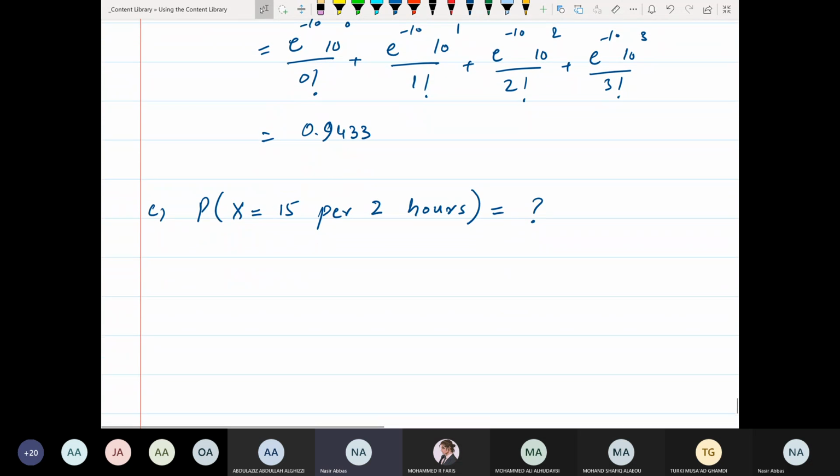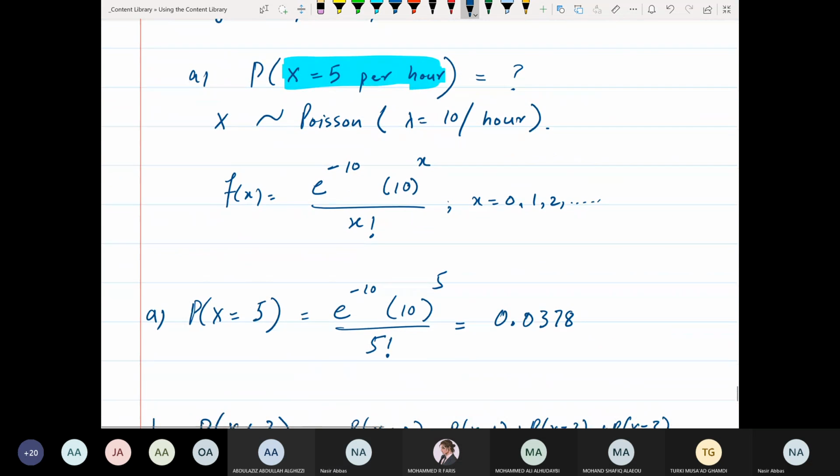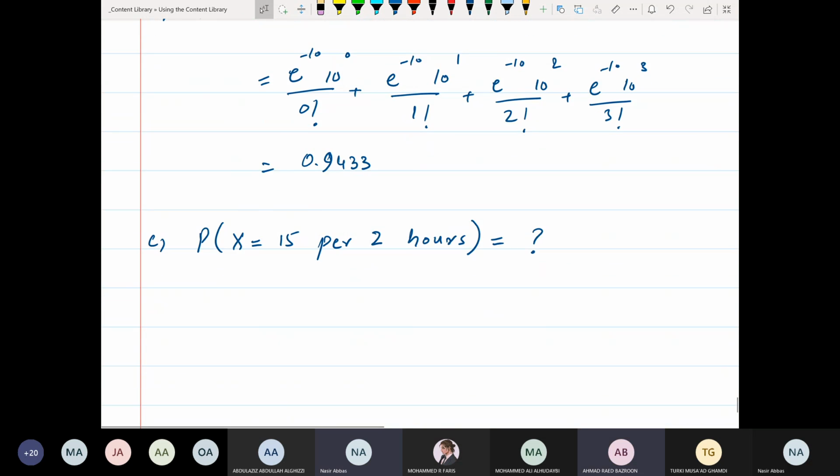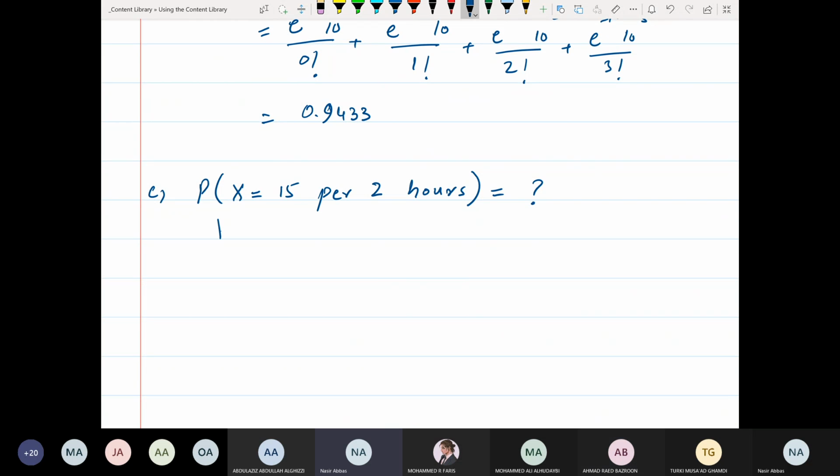So if your lambda was 10 per hour, you expect 10 calls on average in 1 hour. How many calls do you expect in 2 hours? 20, of course. So your lambda for this question will be 20 per 2 hours.